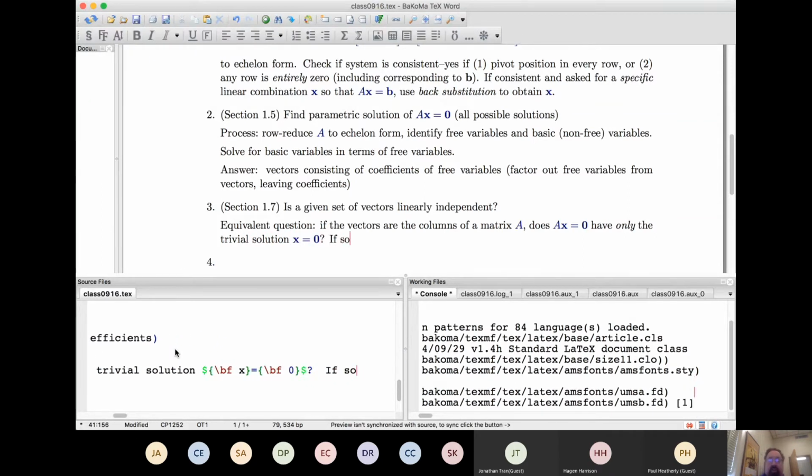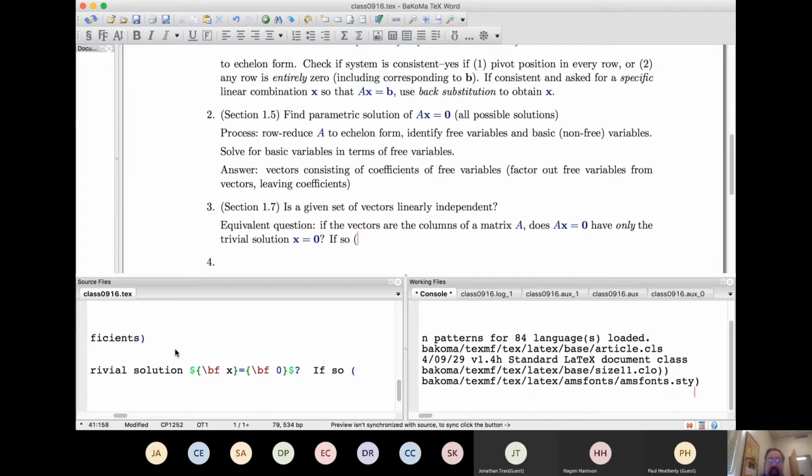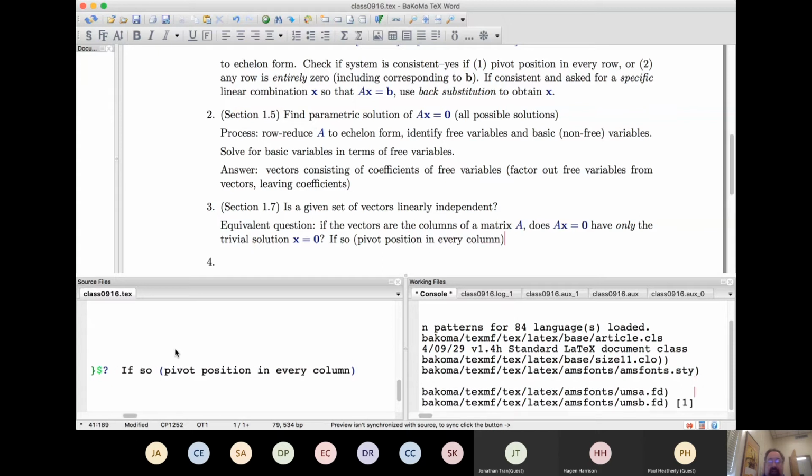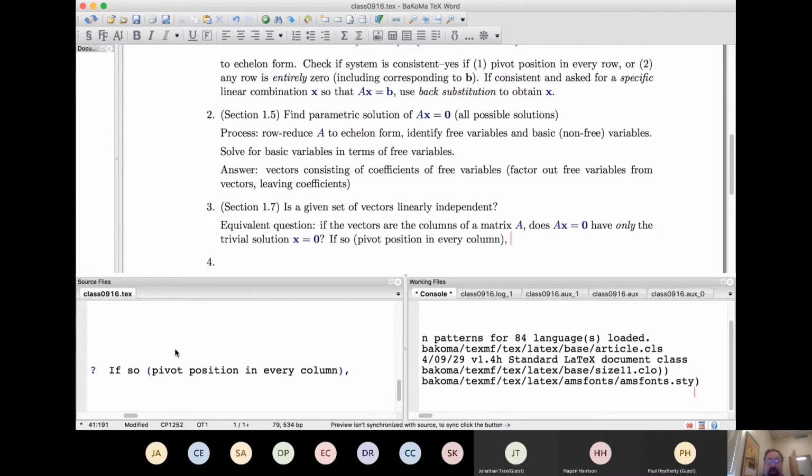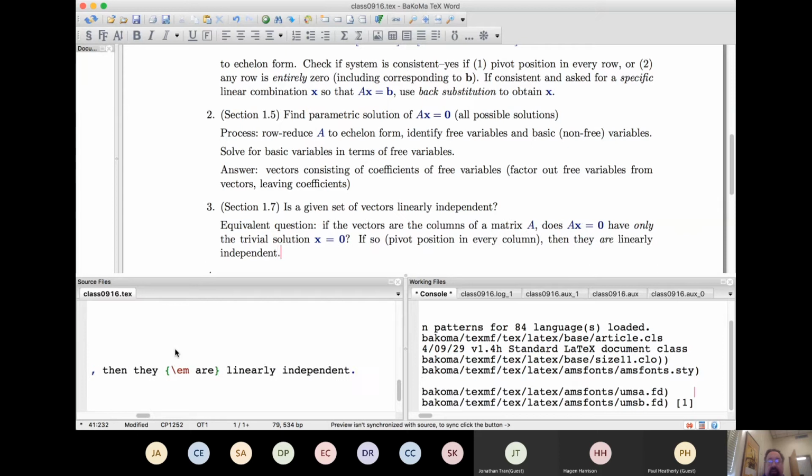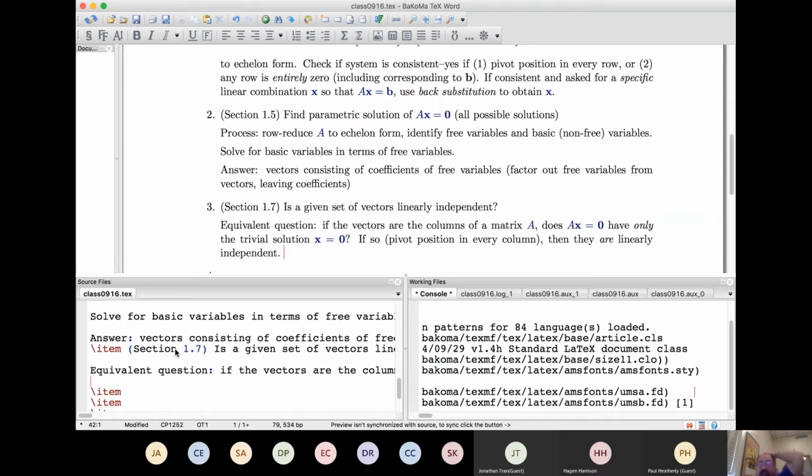If you find that is the case, and the easiest way to tell this is if there's a pivot position in every column after you perform whatever row operations are needed to get to echelon form, then the given set of vectors are independent. So that's how you can answer that question: are they linearly dependent or not?